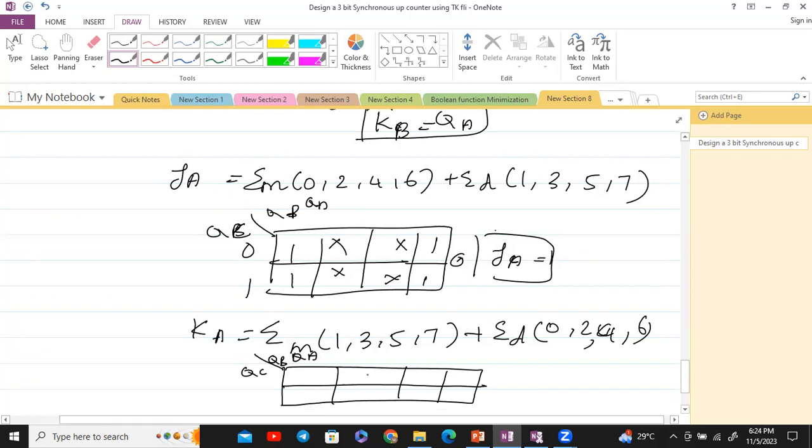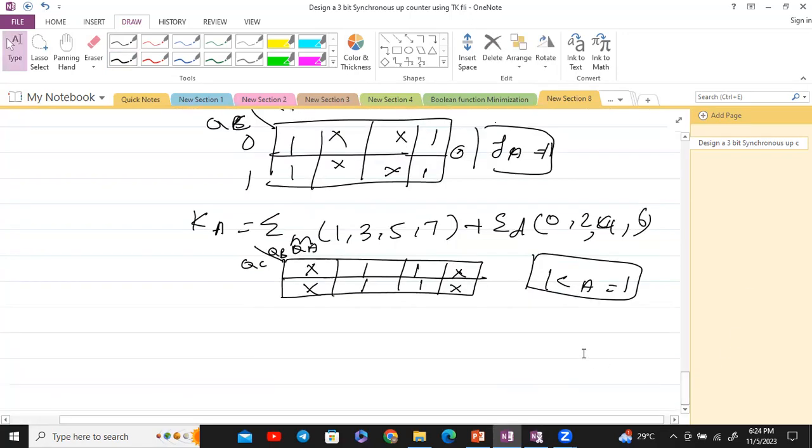You have 1 as 1, then 3, 5, 7, and remaining all are don't care. So what is the value again? K is equal to 1. We'll be getting the same value for J and K in A, B and C: KA and JA, KB and JB, KC and JC.